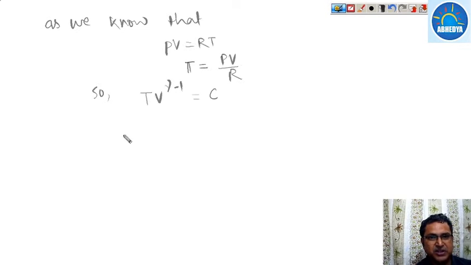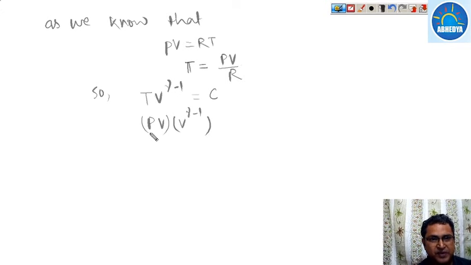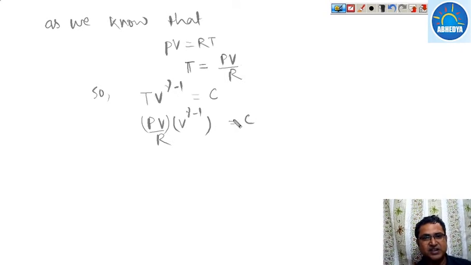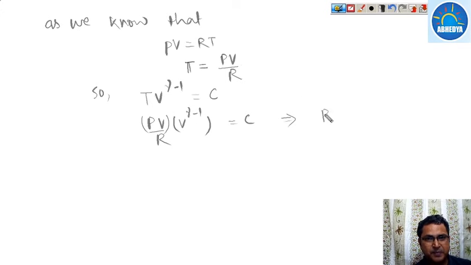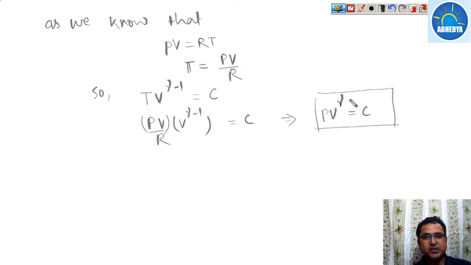In place of temperature, if we write PV by R into V to the power gamma minus 1 is equal to constant, and since R is a gas constant, this becomes PV to the power gamma is equal to constant. So this is the relation between the pressure and volume for an adiabatic process.